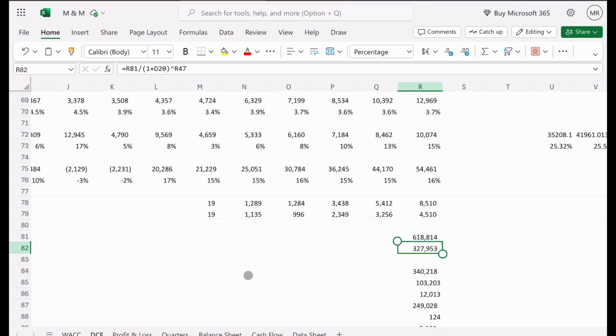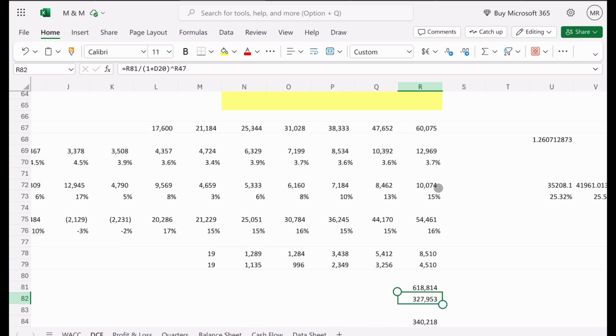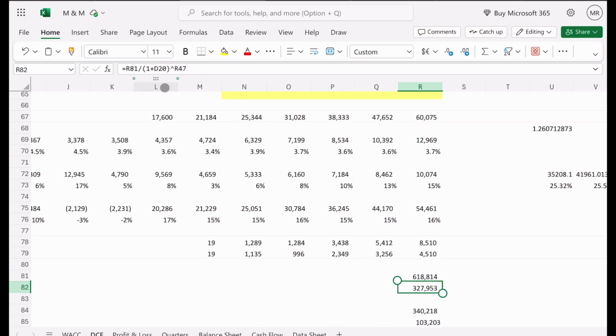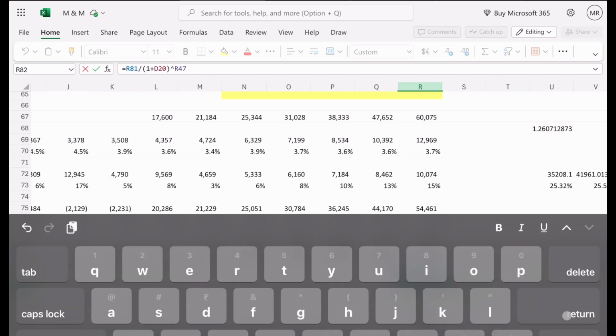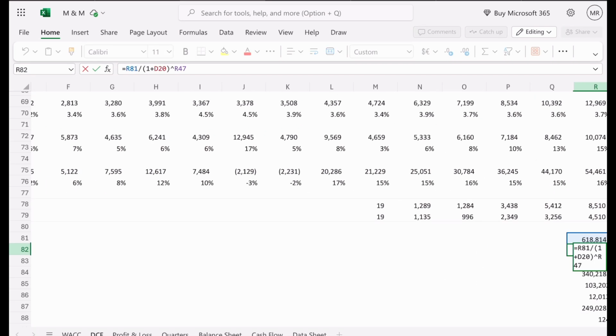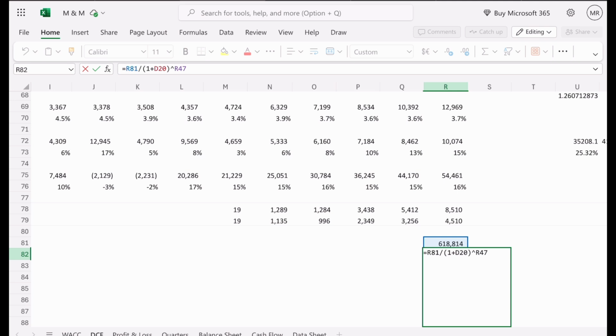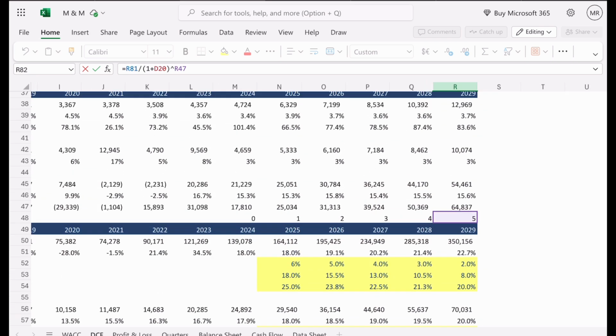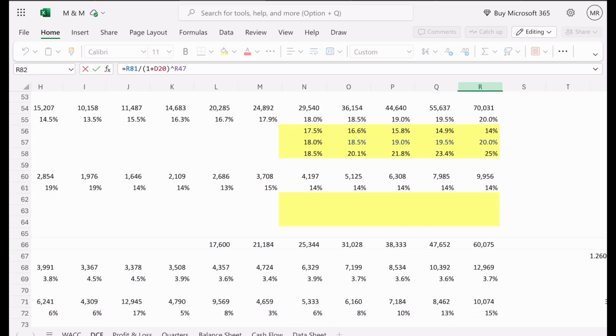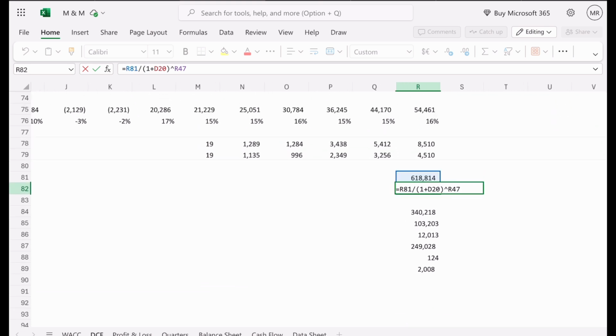We go into the DCF model and discount it back by the year we are in. The terminal value is all the cash flows that our company is generating. So we discounted back by the last year, 5 years. So 1 plus WACC to the power 5.